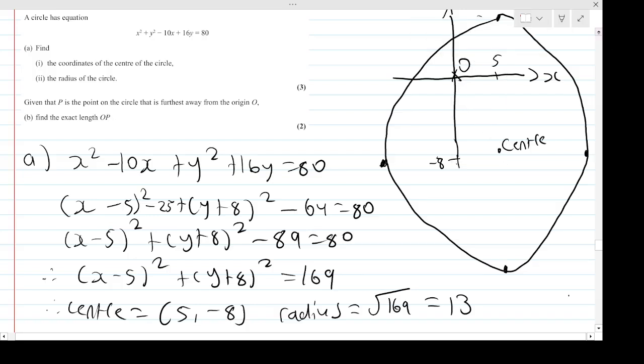So if it passes through the centre, it's going to be on the diameter, because remember, the diameter of a circle passes through the centre. And that's because of the idea that for any chord on the circle, remember, a chord is just any line in the circle, say here, or here, or here.